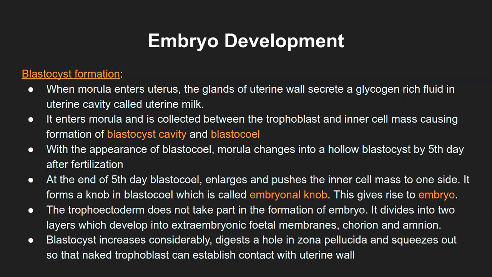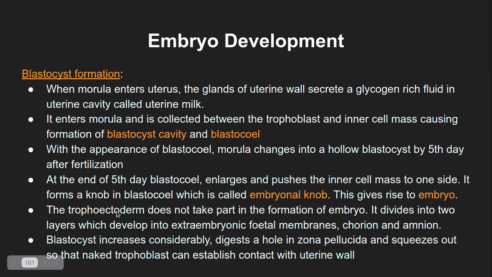If that is dividing, it is called a blastomere. The mass of blastomeres is called the morula. When the morula enters the blastocyst formation stage, it is called the embryonal knob, and that will give rise to the final embryo, which allows the growth of the fetus.